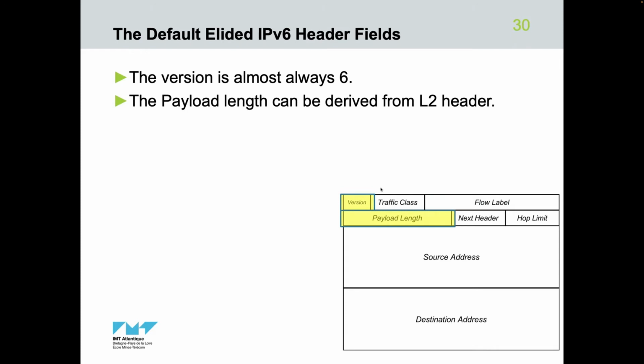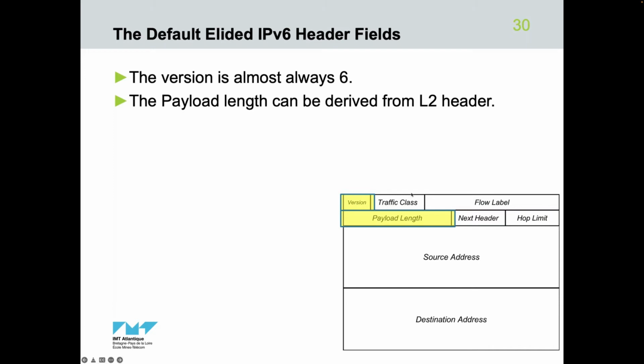The second case is the payload length. Indeed, this field can be elided as well, since it can be inferred from the lower layers, for example, from the 6LoWPAN fragmentation header, or from the IEEE 802.15.4 MAC header, so from layer 2.